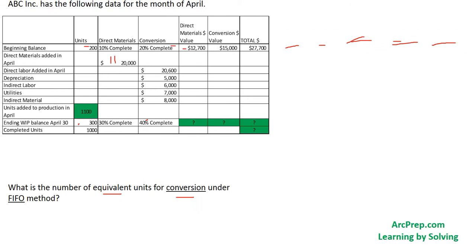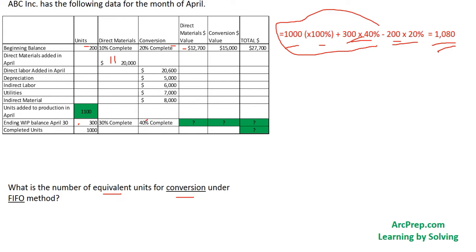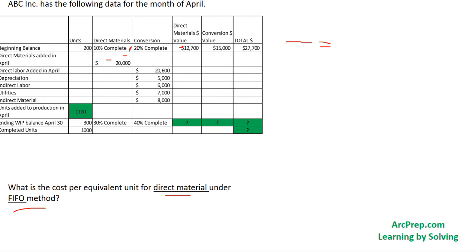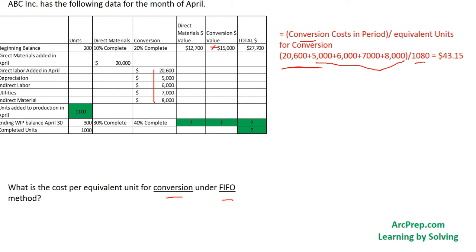Where does 1,080 come from? This is what we calculated as the equivalent units. Please note this section was the equivalent units under weighted average, but we need to subtract the completed goods of the beginning inventory so that we can calculate it under the FIFO method. And it turns out the value is $43.15.